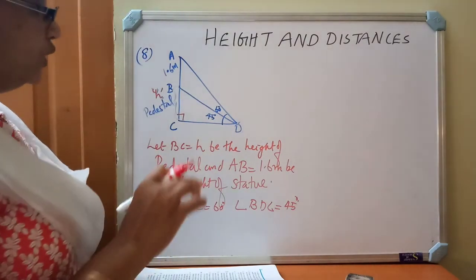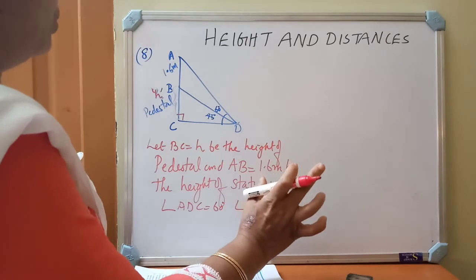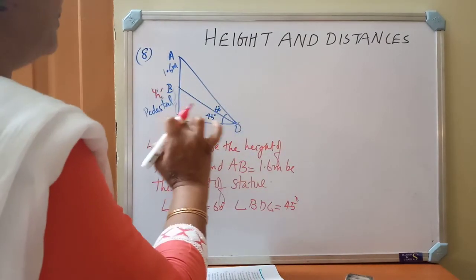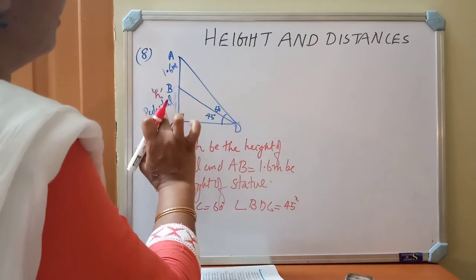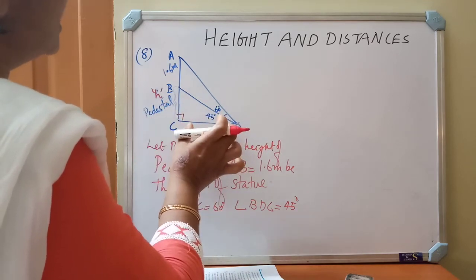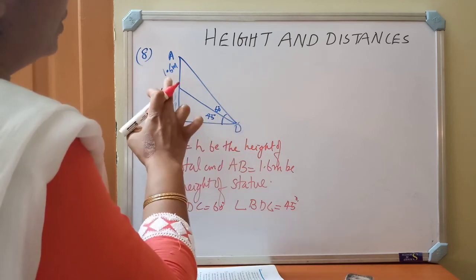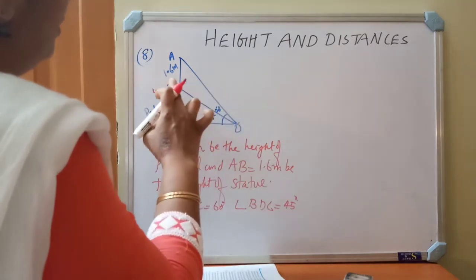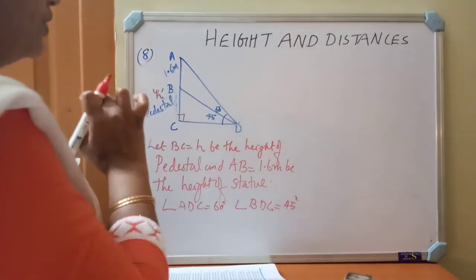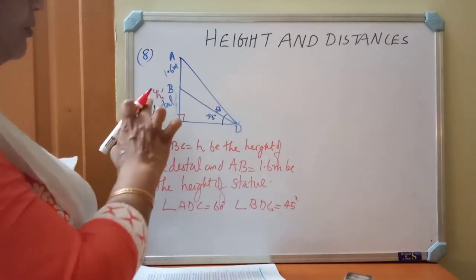No. So for finding the value of BC, first we consider triangle BCD and apply the trigonometric ratios. We will get the value of H is equal to CD. Next from this we will get the value of AC as H plus 1.6, and from that we will get the value of H.